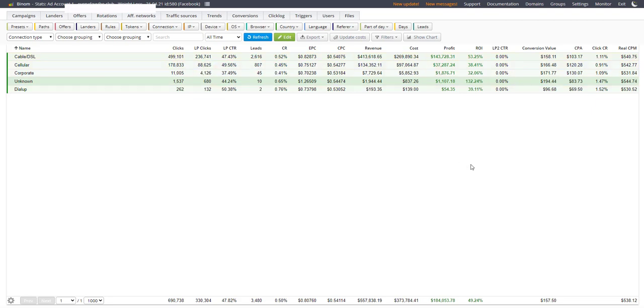Again, someone watching an hour-long VSL is probably going to be an easier conversion if they're connected to Wi-Fi, more stable, rather than on the move, on a bus, on a train, or whatever. We can also drill down by country, state, province. I'm not going to go into that, but there's a ton of things we can do here which makes drilling down into the profit way easier.